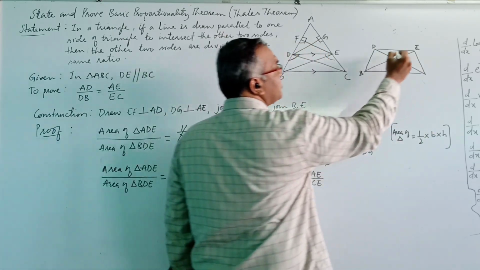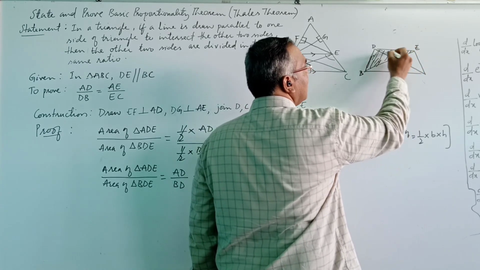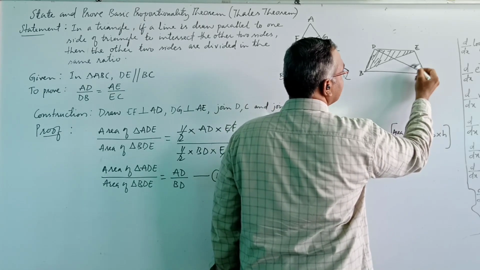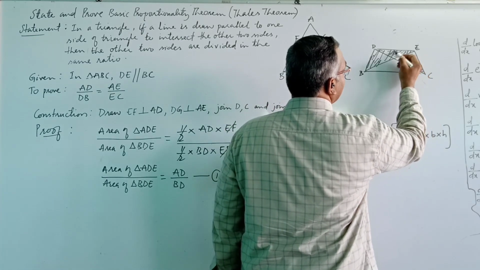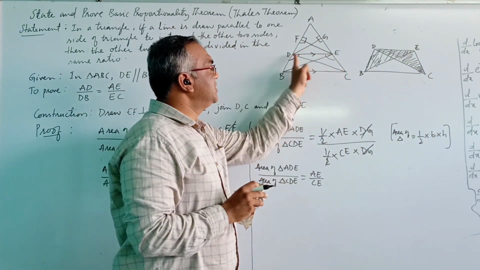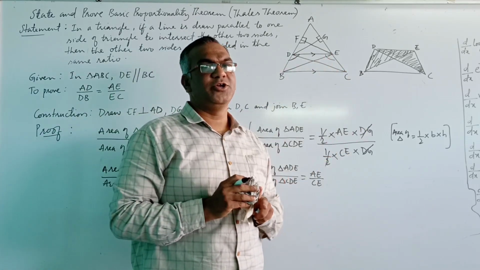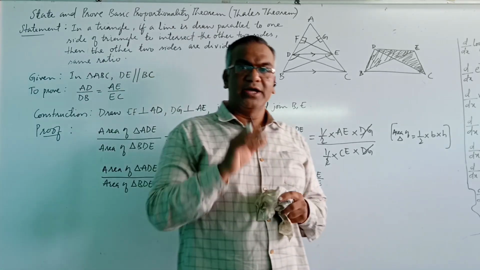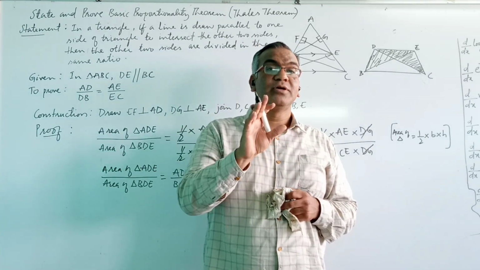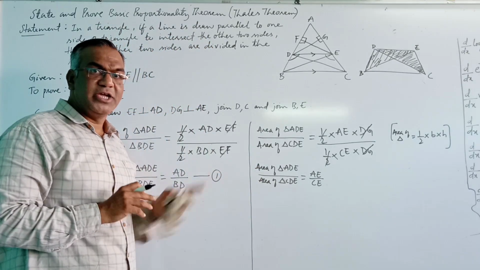Then area of triangle BDE will be equal to area of triangle CDE. They will have equal areas. Two triangles with one common side between two parallel lines will have the same area. So area of BDE and area of CDE are equal.